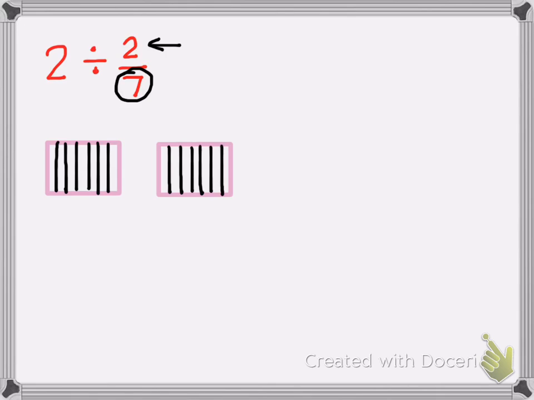So I'm going to highlight these this time. Let me get a different color and see if we can highlight these nicely. Here's 2 right there, so that's 1. Here's another 2, so that's 2.